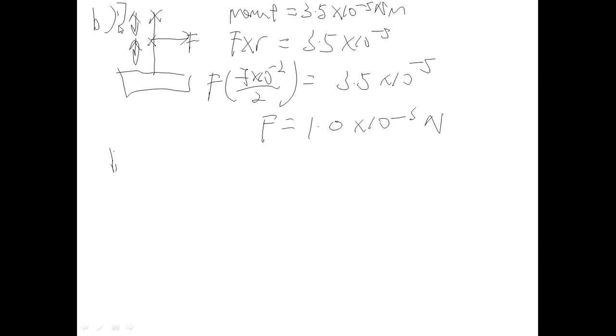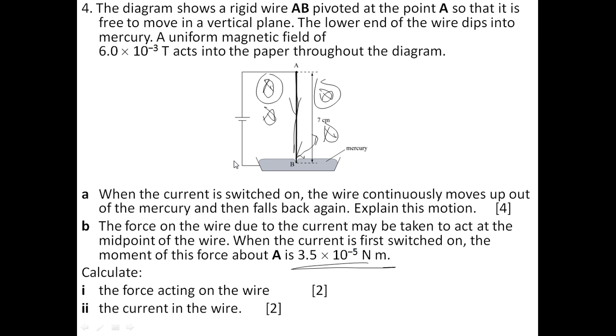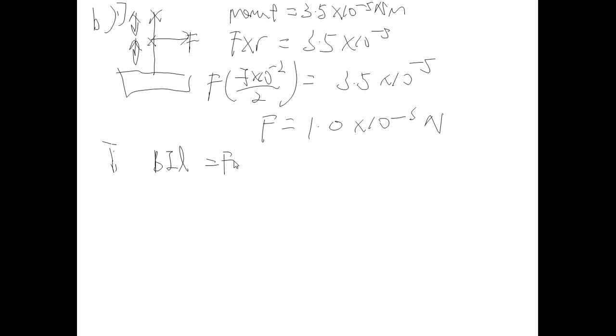Now part 2 wants you to find the current. So I know the force, which means I can find the current, because in electromagnetism, BIL equals F. Your B, the given here, is 6.0 times 10 to the power negative 3 Tesla. I is what you have to find.